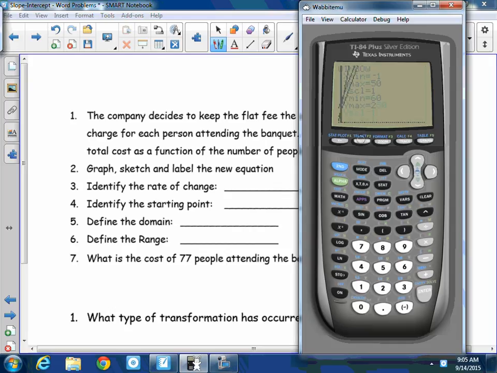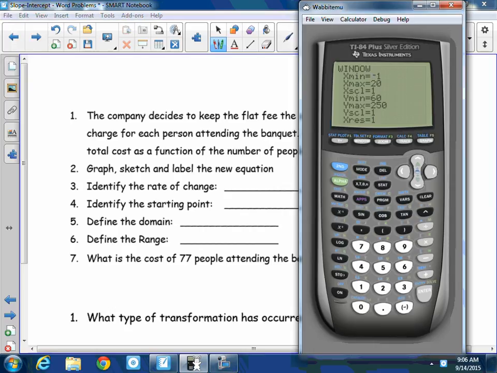Let's change the window. I don't like that window. I put it back to 1. There it is. That's better. So this is the first one, my original, 15x plus 95. If you want to see what I see, I just changed that x max to 20.